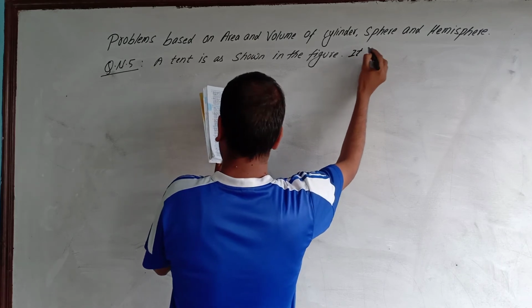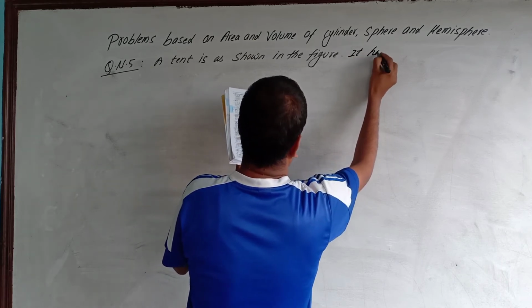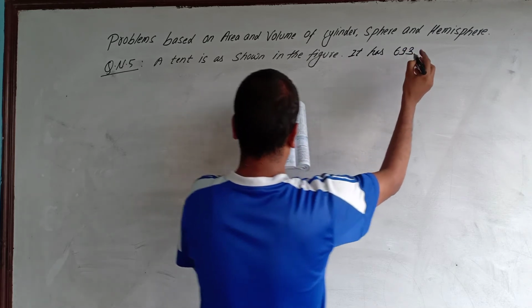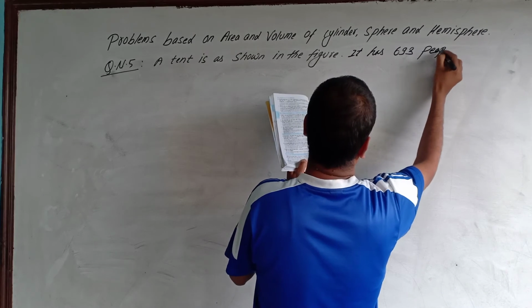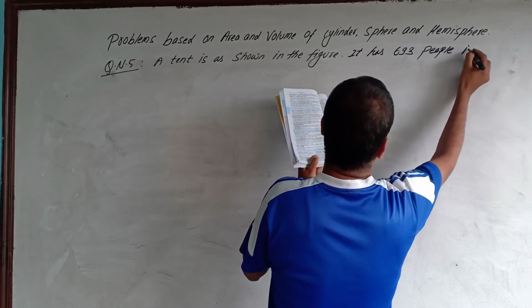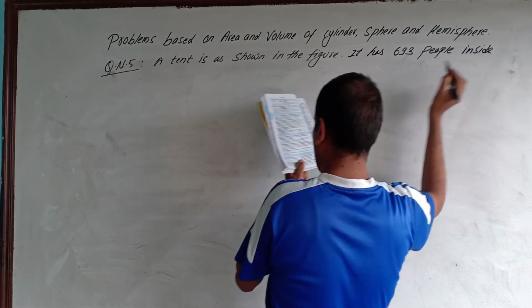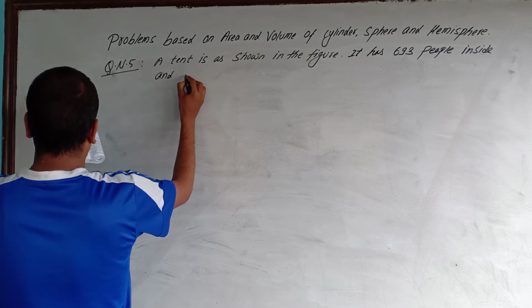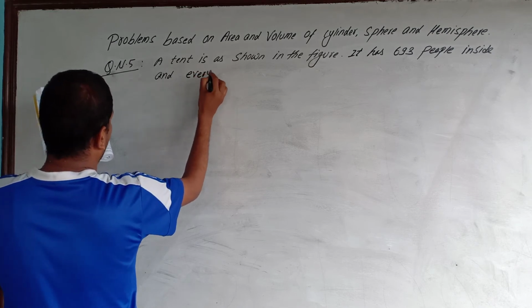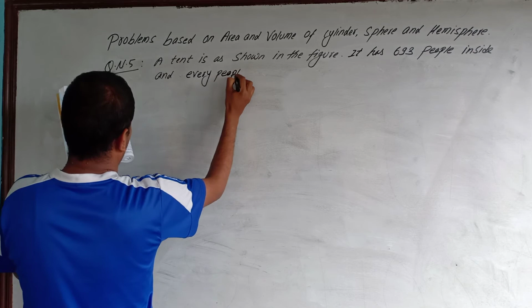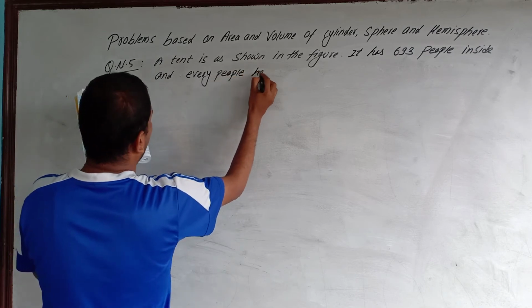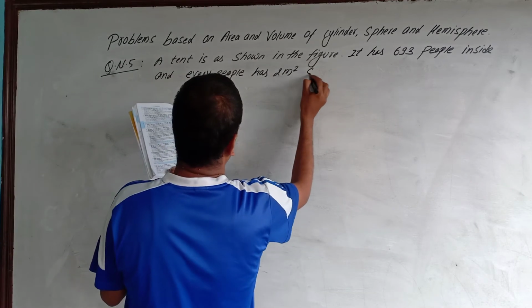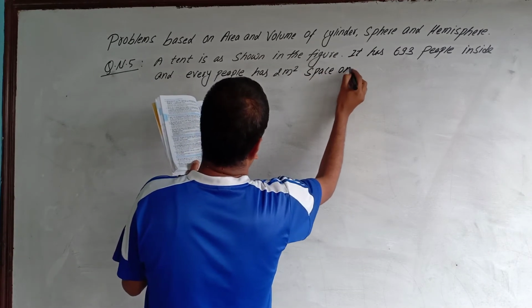It has 693 people inside, and every person has 2 meter square space on the ground.